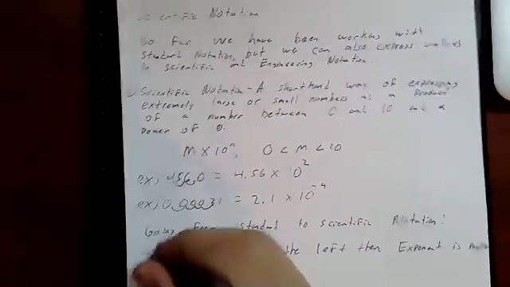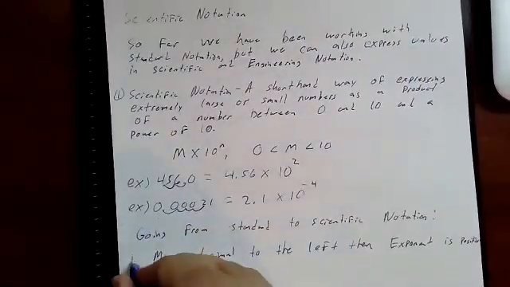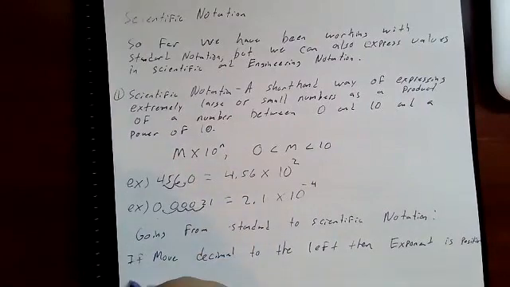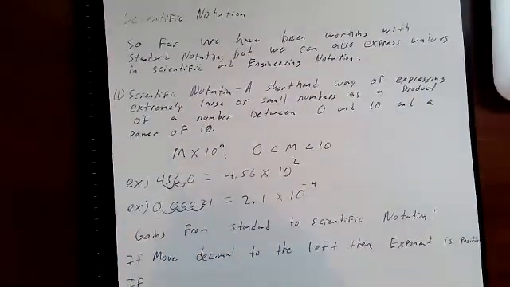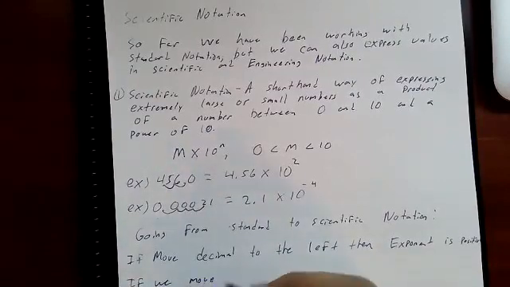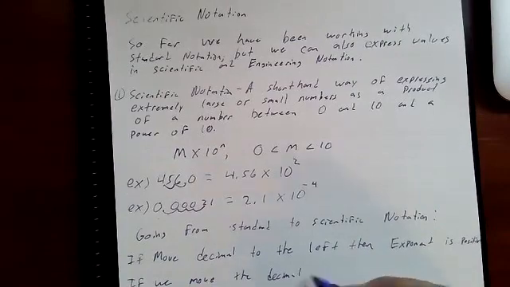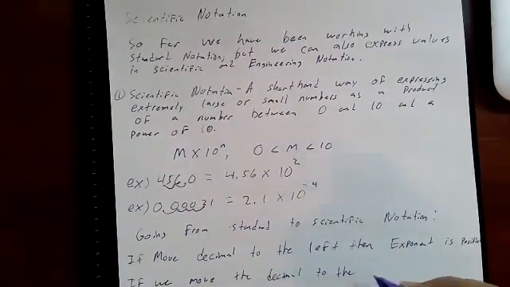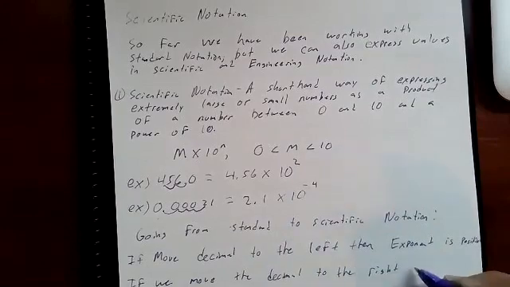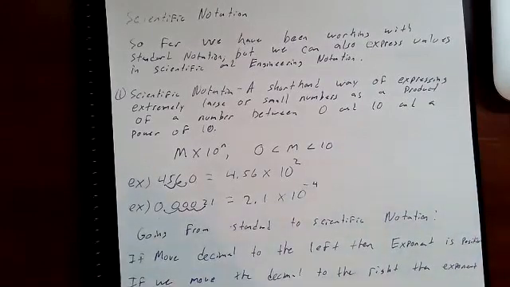I'm going to put "if" in there instead of an arrow. So if we move the decimal to the right, then the exponent is negative.